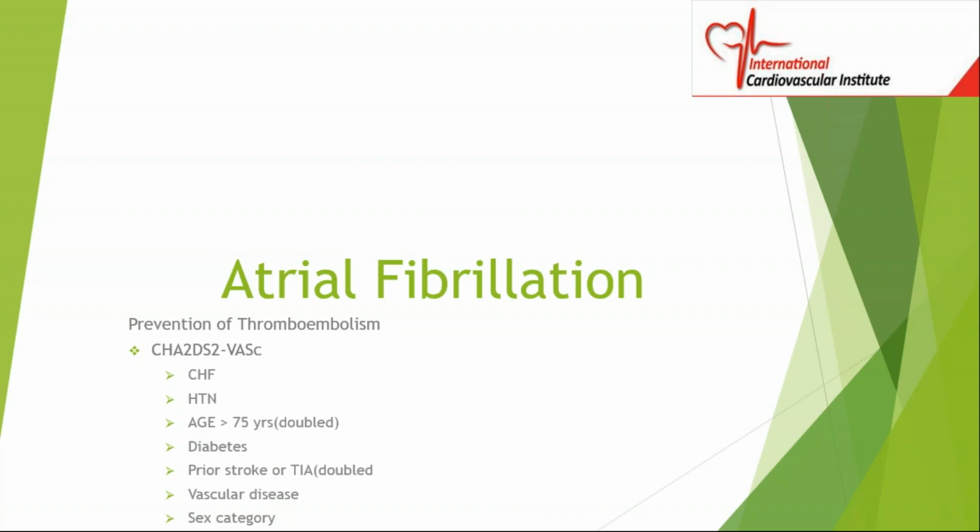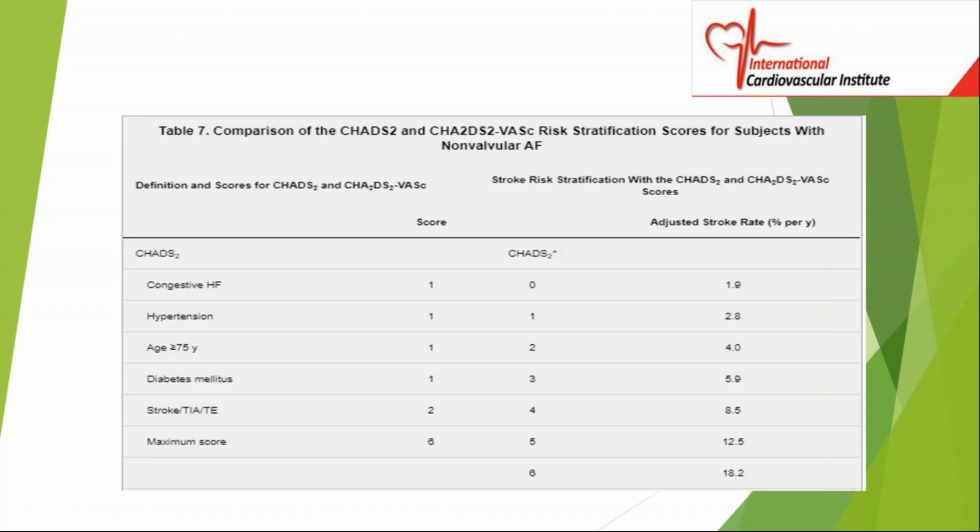But if they come in and they're in heart failure and it's diastolic heart failure, they still get 1 point. Hypertension, 1 point. Age greater than 75, you get 2 points for that. Diabetes, 1 point. Prior stroke or TIA, they get 2 points. Vascular disease, as we outlined before, 1 point. And then the sex category, females, because they're at increased risk.